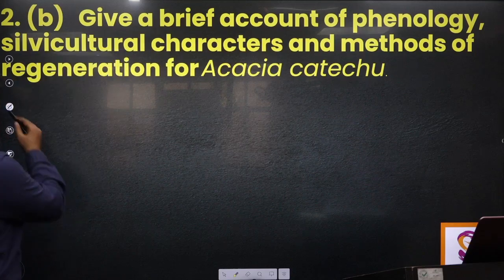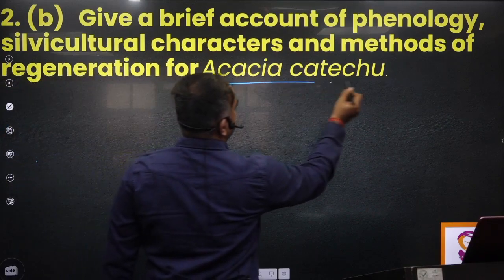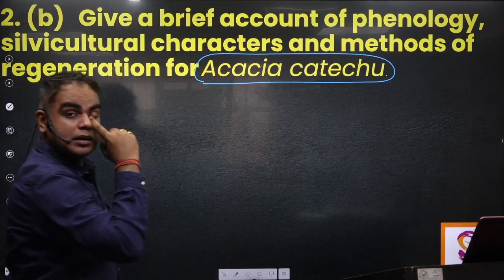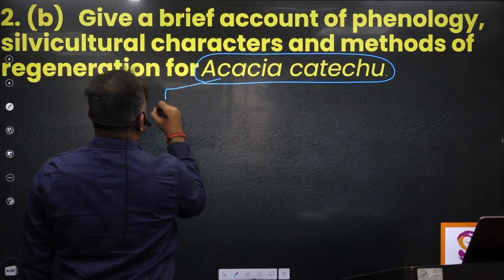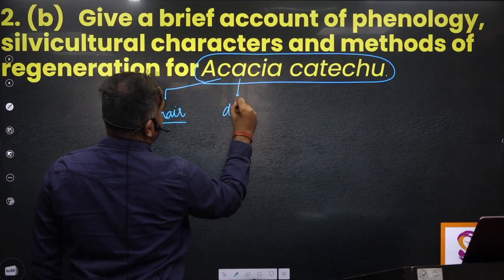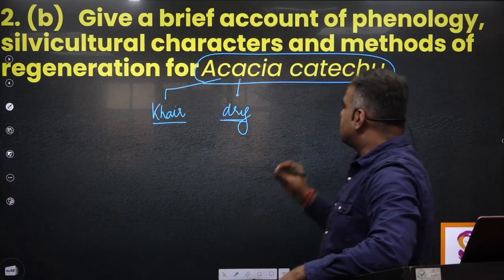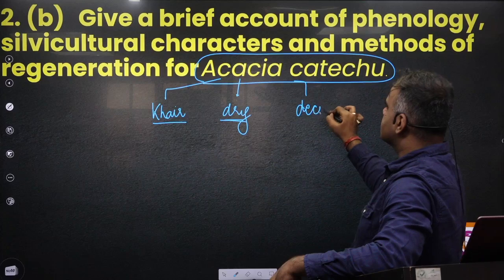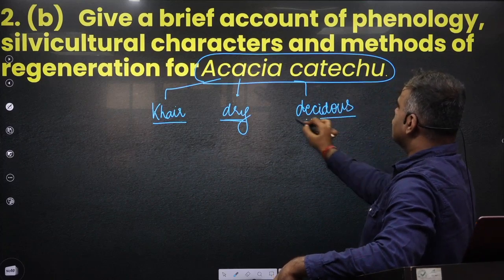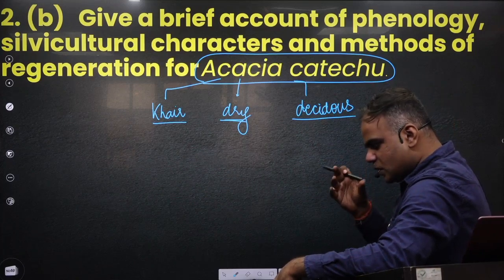Now, there are two ways to prepare this topic. One is, of course, you can cram it, but second is you can try to understand. For example, Acacia catechu is known as khair. It is thriving in these very dry desert-like conditions, and it is basically a deciduous tree, so there will be a season-specific time when it will shed its leaves.